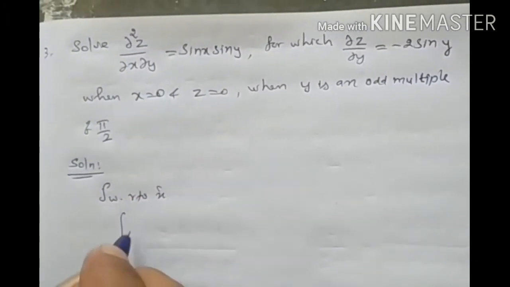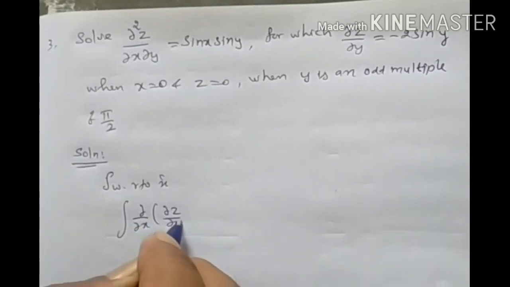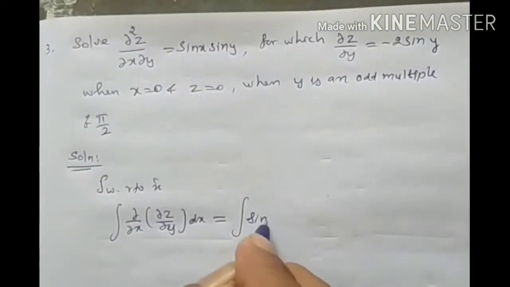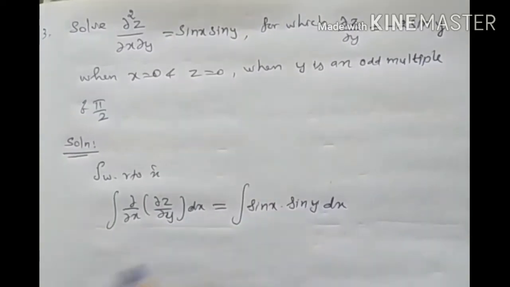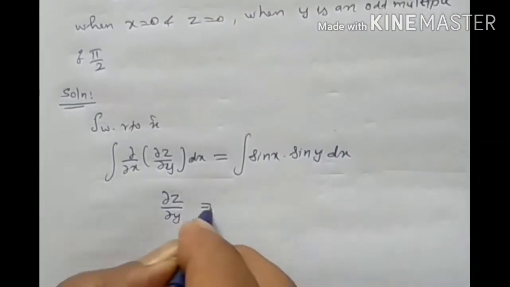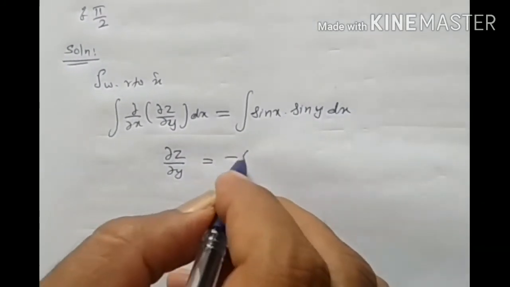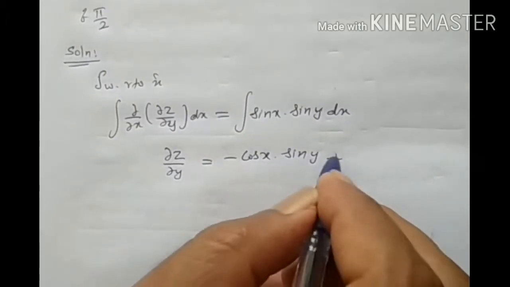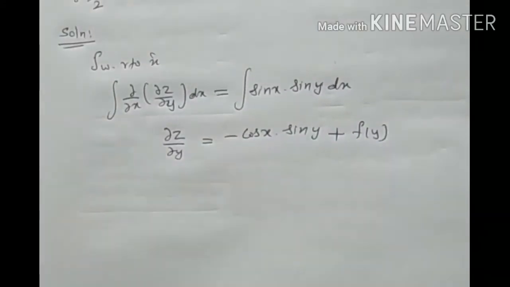We can write it as ∂/∂x of (∂z/∂y) dx equal to the integral of sin x sin y dx. Now this is nothing but ∂z/∂y equal to the integral of sin x, which is minus cos x, into sin y plus a constant in y, so f(y).